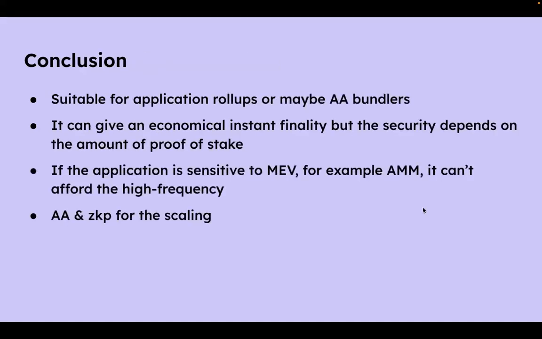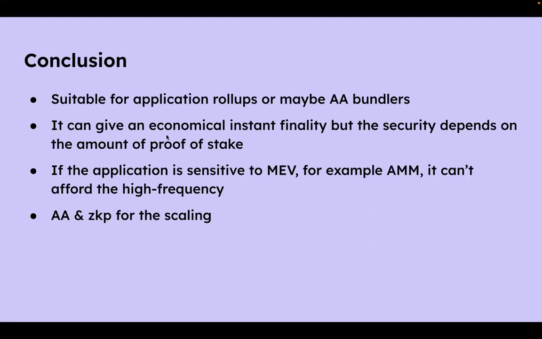So the conclusion is that this approach is pretty suitable for application rollups, and maybe also for account abstraction bundlers, because account abstraction bundlers can also have the map from transaction ordering, a scheme where the sequencer commits the transaction order by assigning every transaction an index. So it can also be used for account abstraction bundlers.